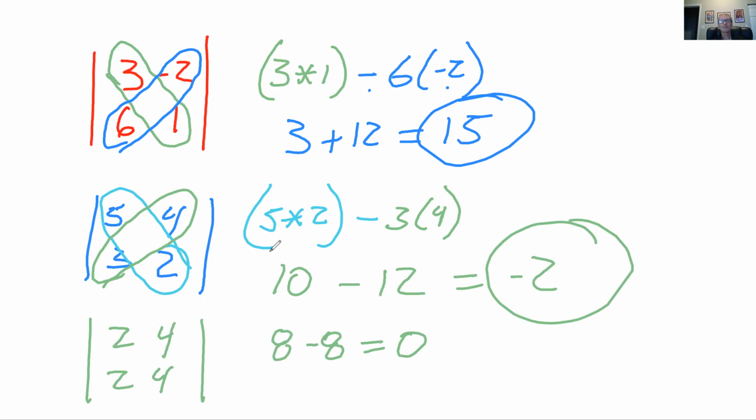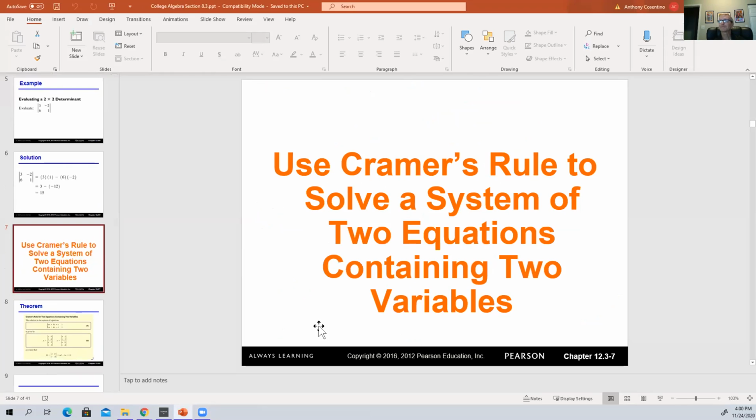Okay, so one of the things that we can do with these determinants now is solve a system of linear equations using what's called Cramer's rule. Cramer's rule is based on the calculation of determinants. You can also use determinants to calculate inverses as well.